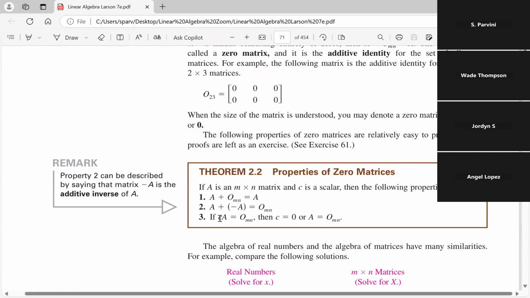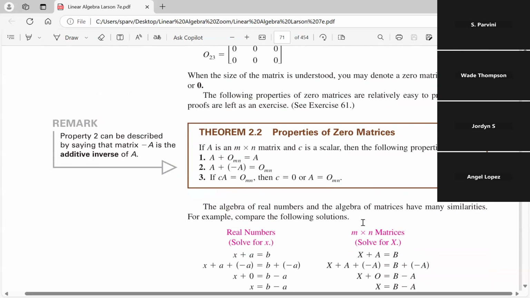C could be anything else. If you have a matrix of all zeros and you multiply 5 times that, you're still going to get 5 times 0, 5 times 0, 5 times 0, like that. So hopefully everybody is okay on theorem 2.2. We're good.